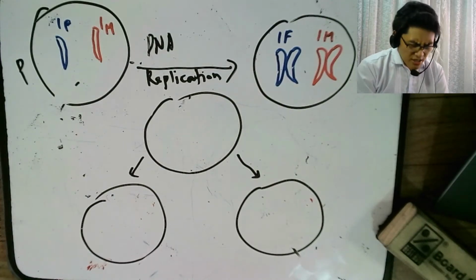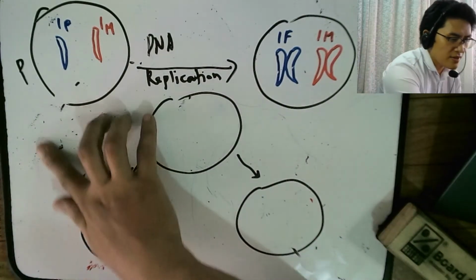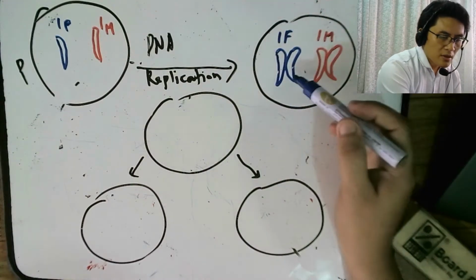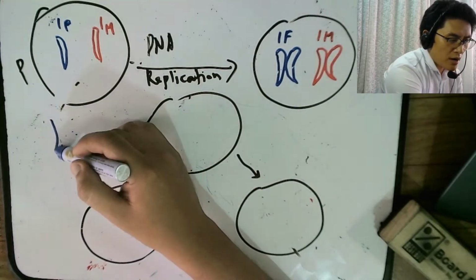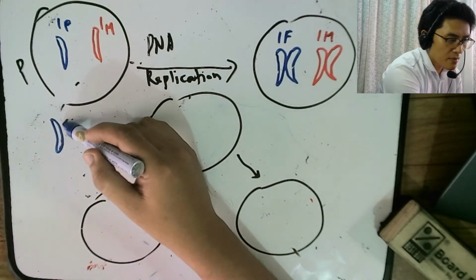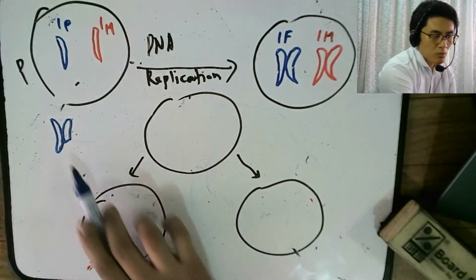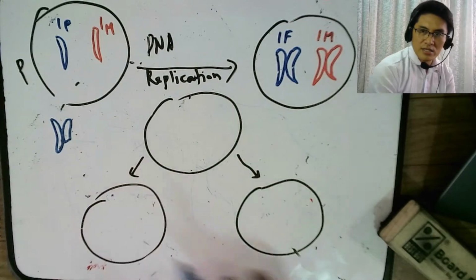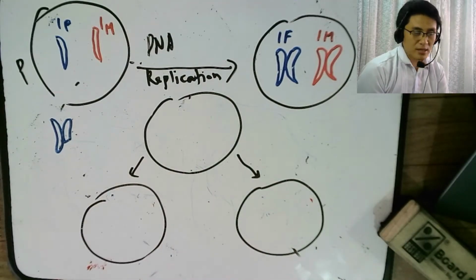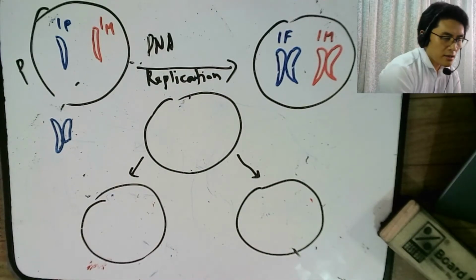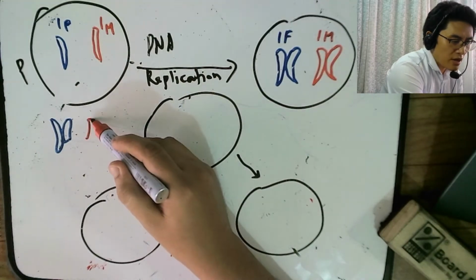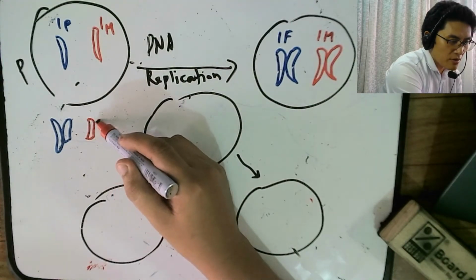What does it mean, exchange materials? I mean this one. So for example, chromosome 1 from father, like this, could cut off one segment of its chromatid, and it could also happen to the other chromosome from mother.